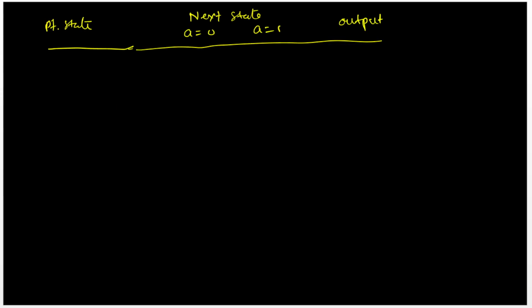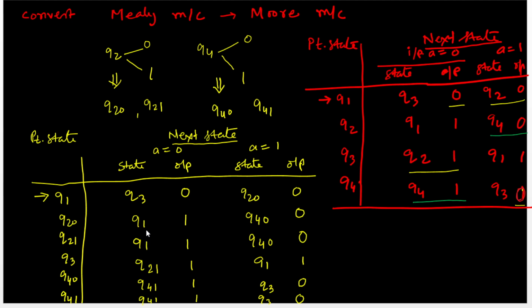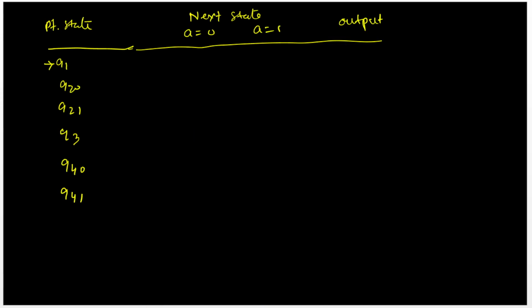So now here Q1, Q2 0, Q2 1, Q3, Q4 0 and Q4 1. Now write all the states as we have obtained in this table for a equal to 0: Q3, Q1, Q1, Q2 1, Q4 1 and Q4 1. Just write the states.